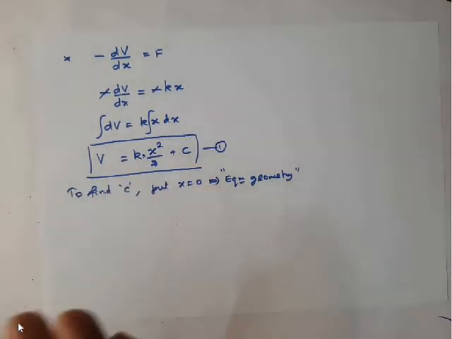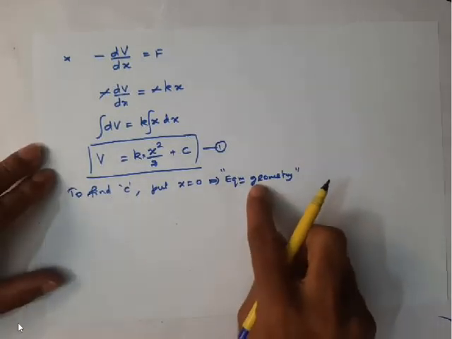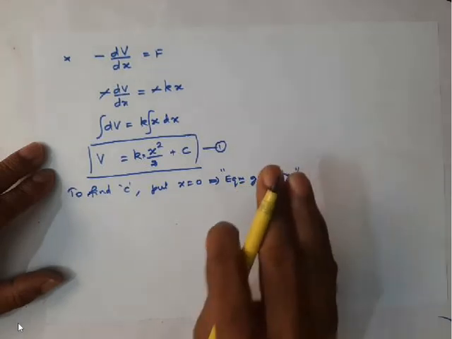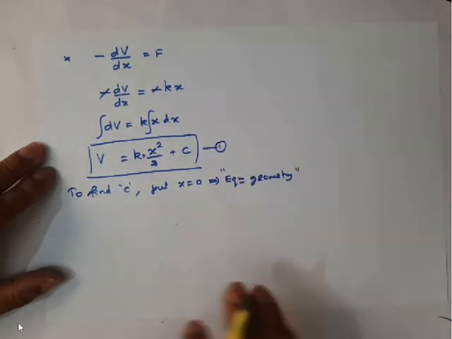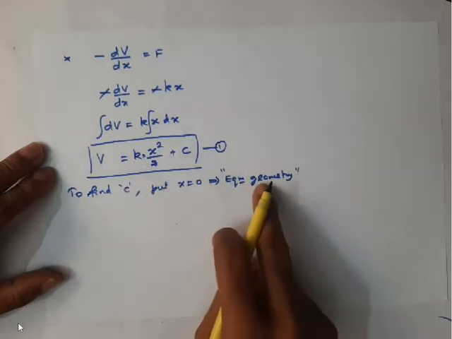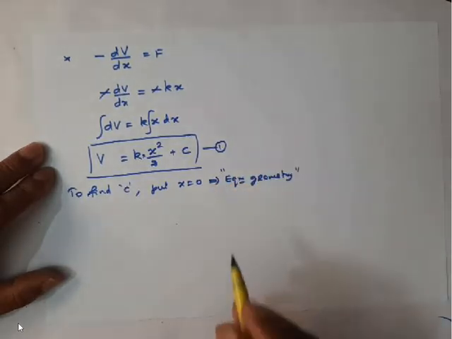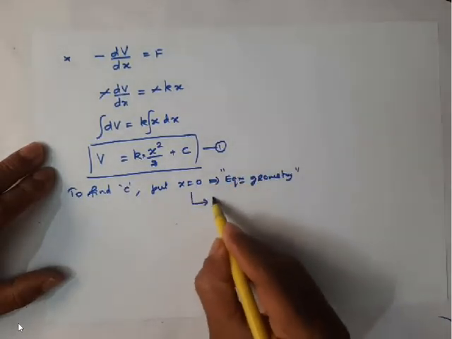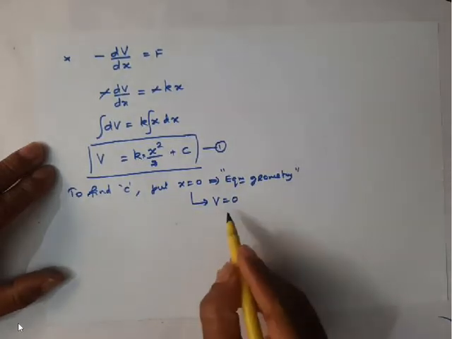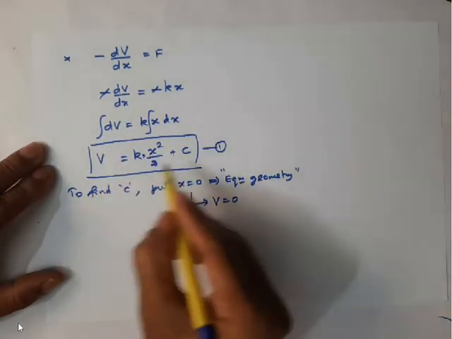Under the harmonic oscillator assumption, at equilibrium geometry, the potential energy of the molecule is taken as 0. So at x equal to 0, potential energy of the molecule is also 0. If I put x equal to 0 and V equal to 0 here, then I get c also 0.